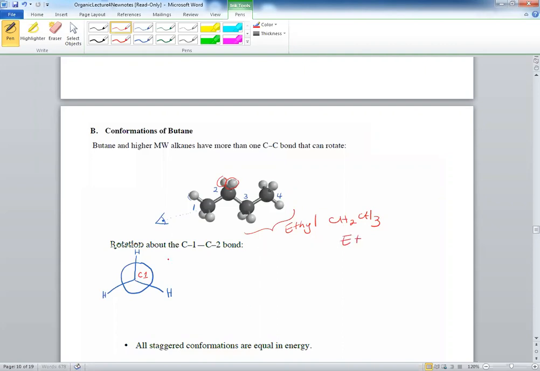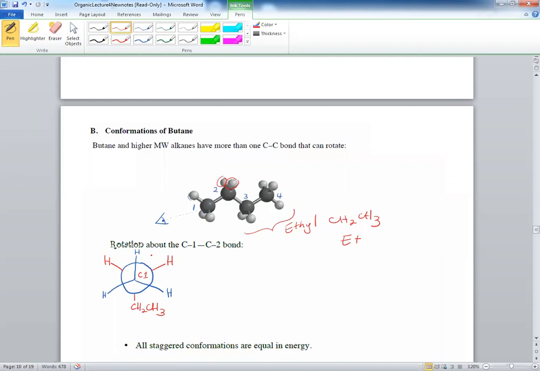Either one is acceptable. So I'm going to use a different color so you can see it. So I have 2 H's. And of course, what's down here is this CH2, CH3.